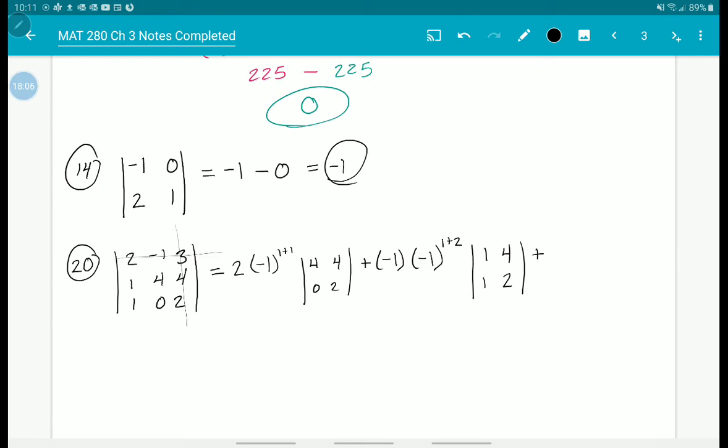And then we're going to finish that. Notice we're going across that first row. So there's 3. That's where we take out that row and that column. So -1 to a power. This is in the first row, third column. What's left over is 1410. So there's our cofactor expansion. This is called expanding along the first row.